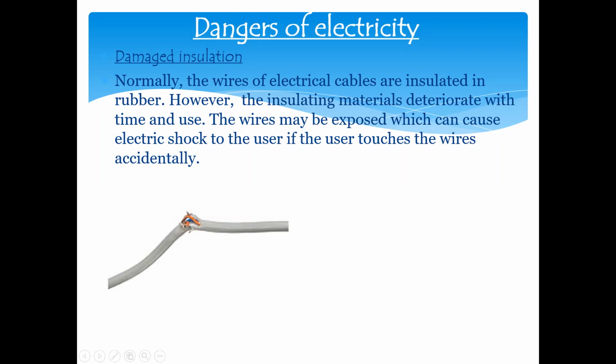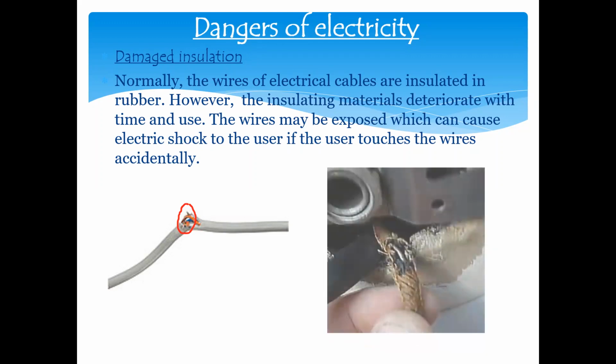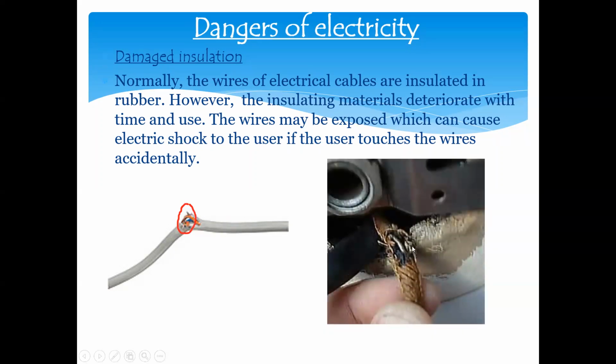If the insulation is damaged and a person touches it or is exposed to it, he might get an electric shock. So the dangers of electricity, number one, is damaged insulation. When the covering of insulation is removed, it can cause electric shock.